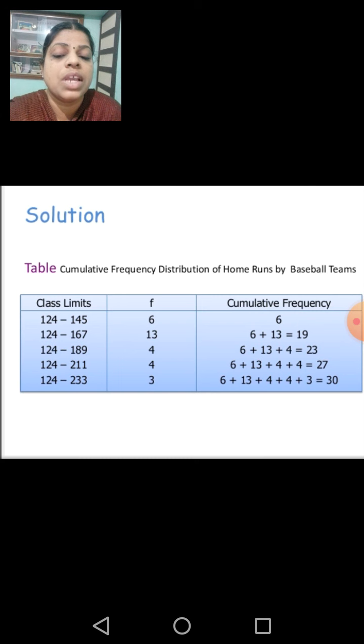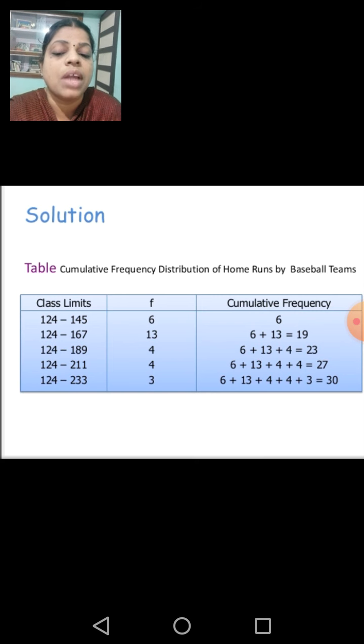And next we can see the runs scored from 124 to 189. What we have to do for that? We have to add the frequencies of the 3 class intervals. From the initial one, we have to add the succeeding class intervals.